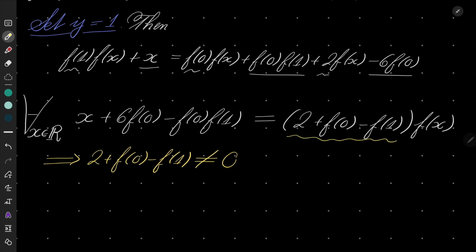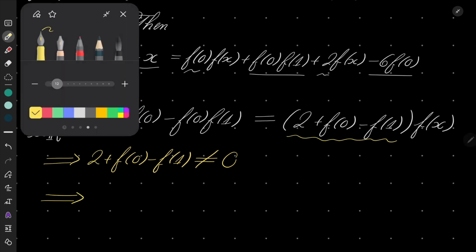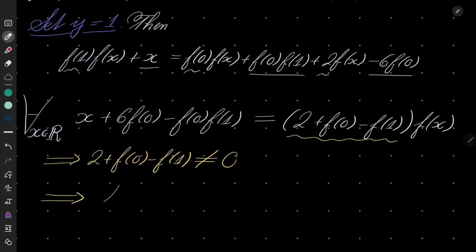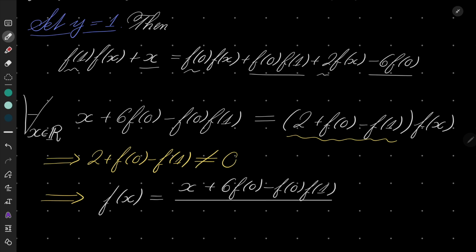And in turn, that means that we have an explicit formula for f(x), namely f(x) equals x plus 6 times f(0) minus f(0) f(1), over 2 plus f(0) minus f(1).